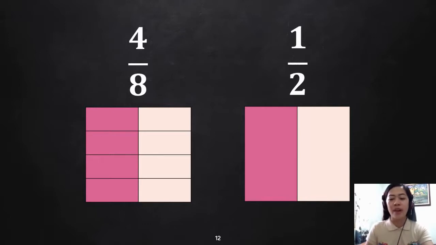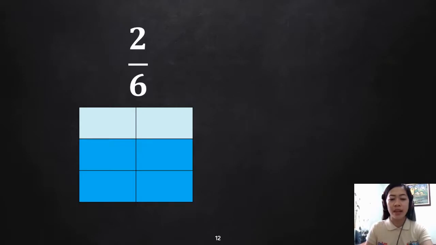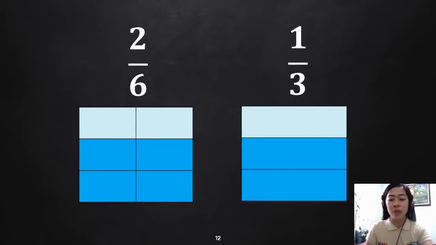So 1/2 is the lowest equivalent fraction of 4/8, or 1/2 is the lowest term of 4/8. Let's have another example. So we have here 2/6. 2/6 is equivalent to 1/3. So 1/3 is the lowest equivalent fraction of 2/6, or 1/3 is the lowest term of 2/6.